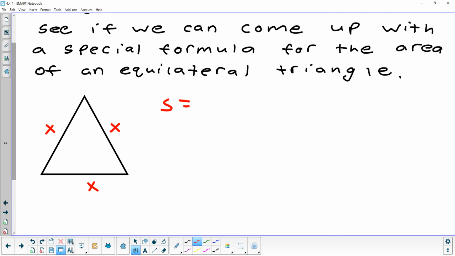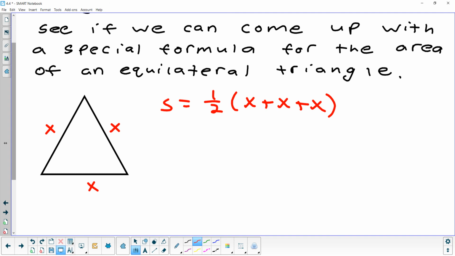All right, let's start with the semi-perimeter. Raymond said it's 1/2 of the sum of all the sides. So 1/2 of x plus x plus x. Autumn, what's x plus x plus x? Well, just combine the like terms.